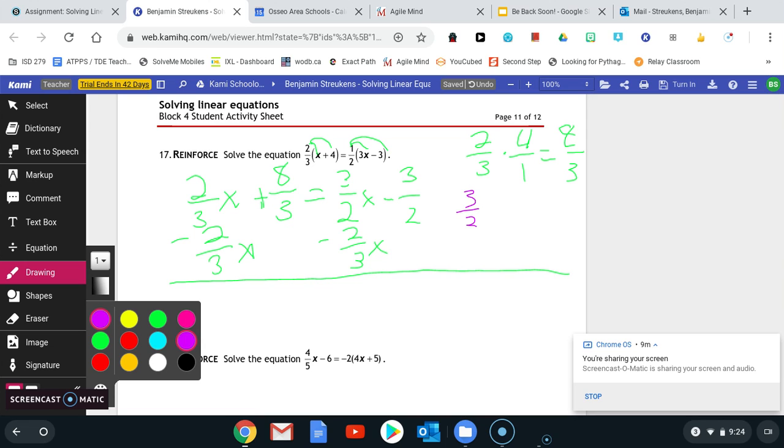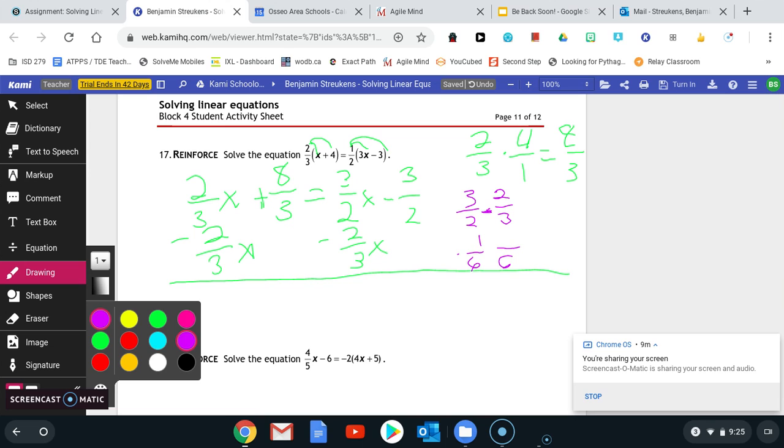So what we have then is 3/2 minus 2/3. Now I know a common denominator is something that 2 and 3 can go into. So I know that 6 can be a common denominator. So I'm going to multiply these to get to 6. Since I multiplied the 2 by 3 to get to 6, I'm going to multiply the top by 3 as well.